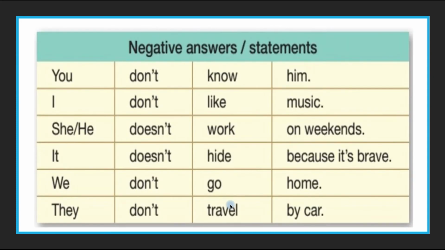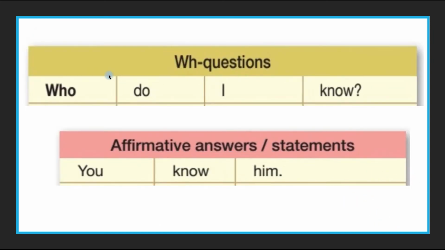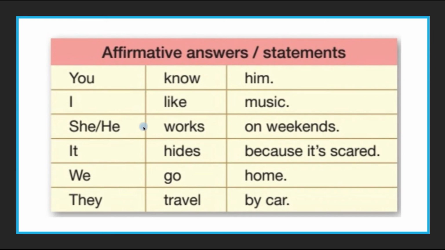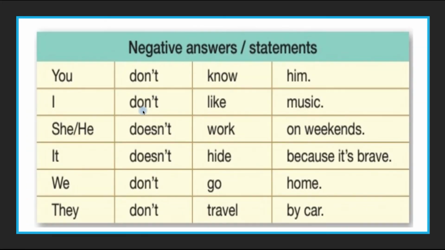But maybe you want to give a negative answer. So, as was mentioned, you have the subject followed by the do. Now, in the affirmative answers, you notice there's no do. You can have the do if you wish. Sometimes it's optional, when you want to emphasize. But in the negative answers, do is attached with a not: don't.